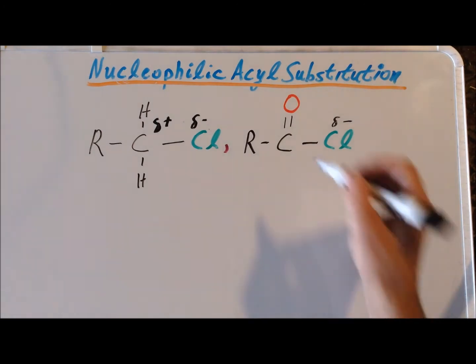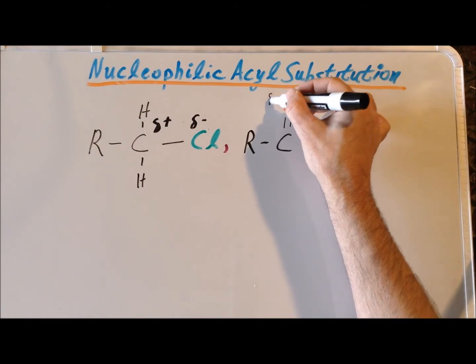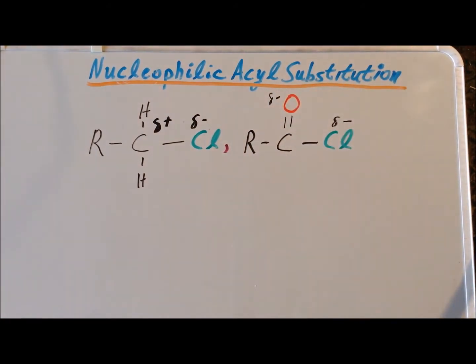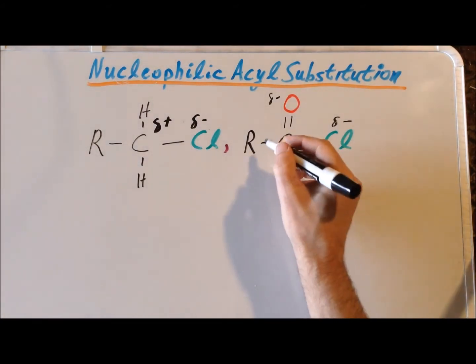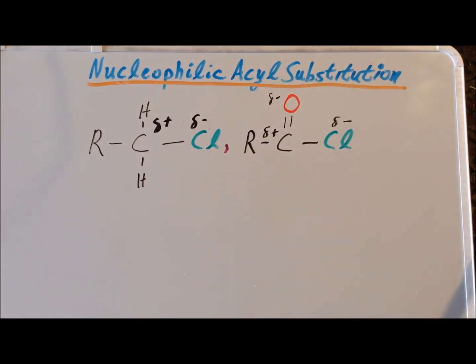So again, this bond is also polarized in such a way that the oxygen has a partial negative charge. So now the carbon here has a partial positive charge, but we can intuitively estimate its magnitude as being even greater than the partial positive charge it had to the left, because in the haloalkane we have carbon attached to just one electronegative element.